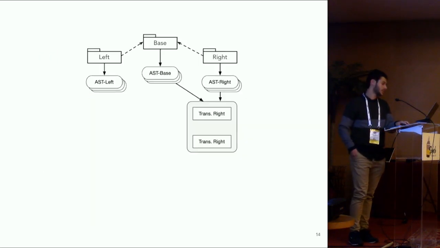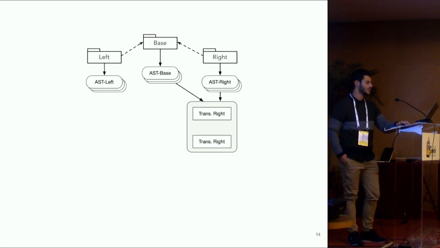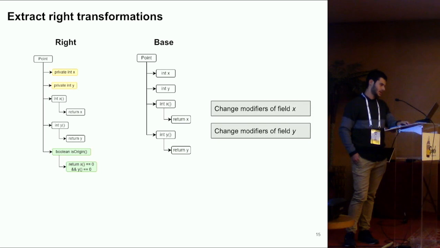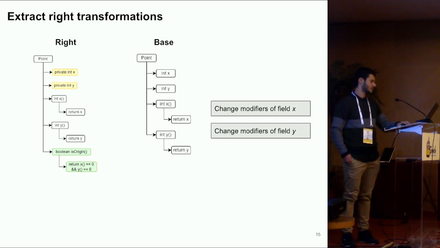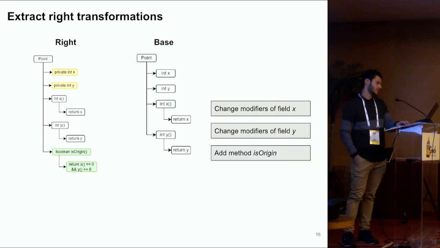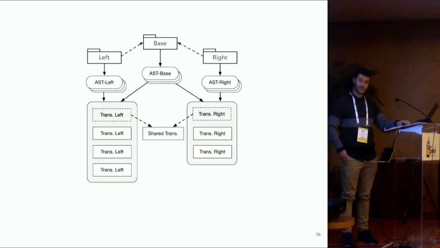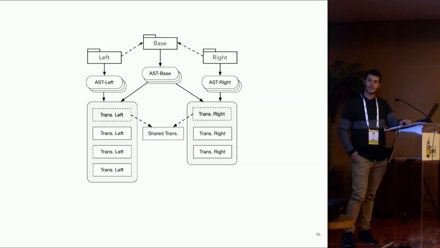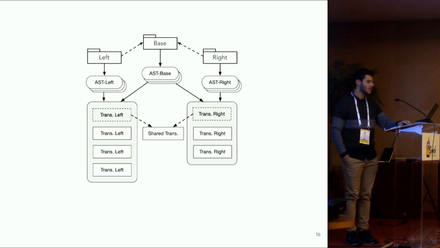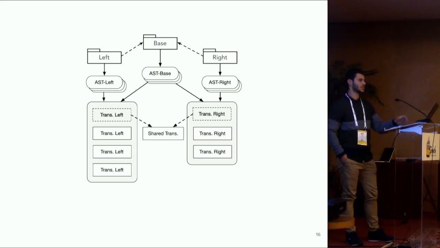The next step is to repeat the previous step, but now between the right and the base version. And once again, we have fewer transformations, but we have the change of modifiers and the addition of a new method isOrigin.